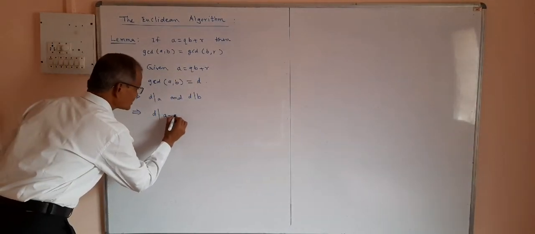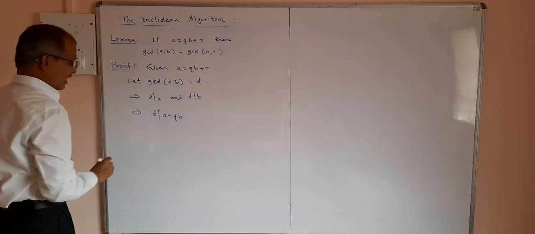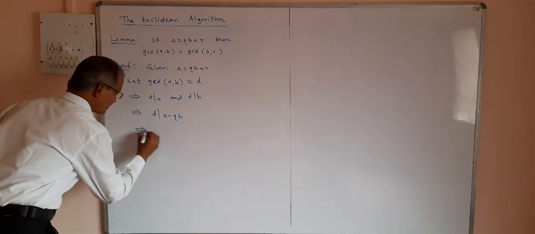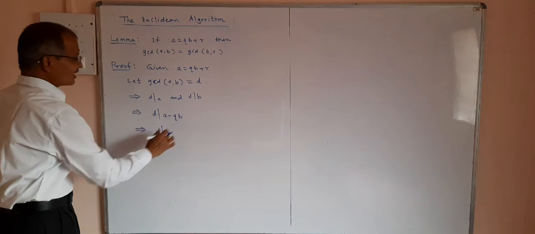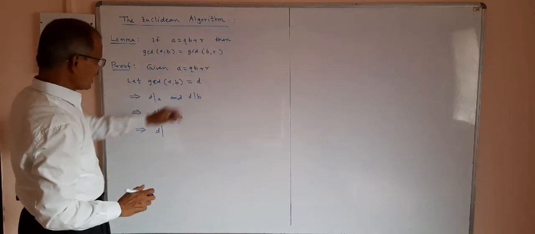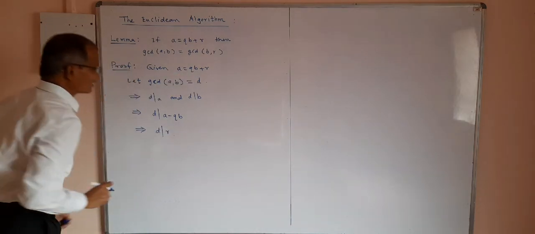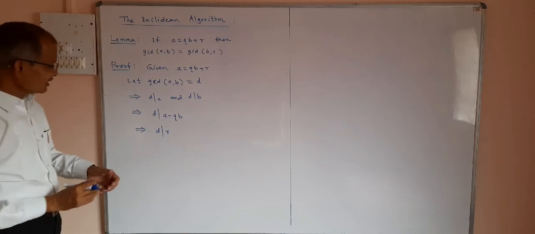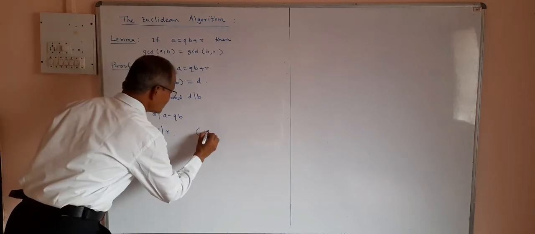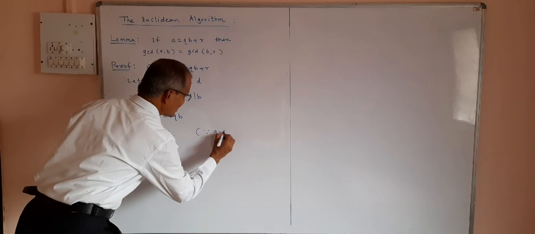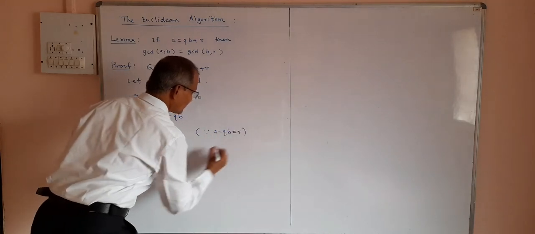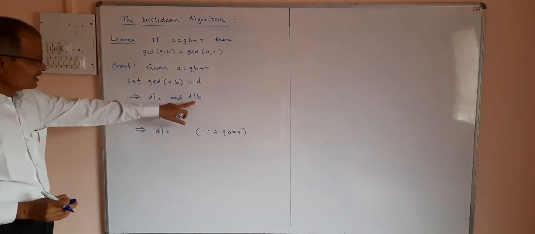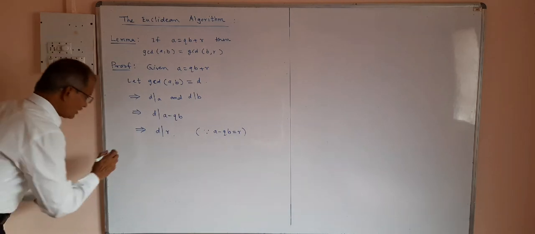D divides A minus QB, and this will imply D divides, what is A minus QB? A minus QB is R. So thus we have D divides B and D divides R.